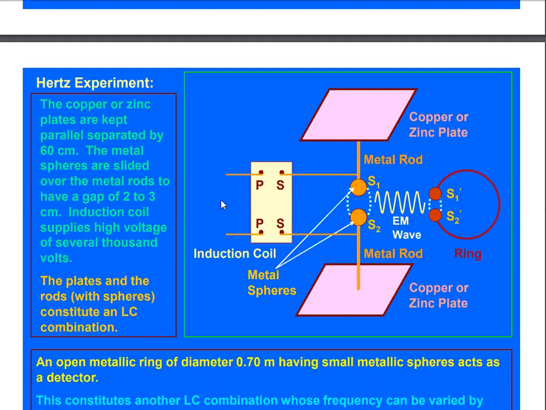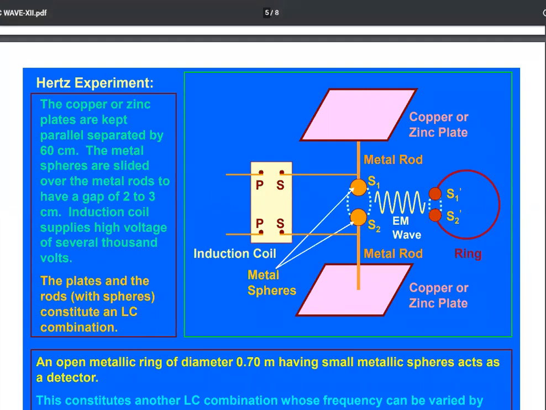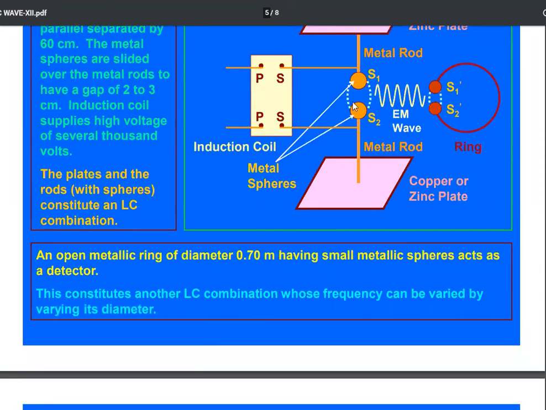As the supply is AC here, the ions produced between the two balls will oscillate because the polarity of the supply will change periodically. That's why oscillation will occur.